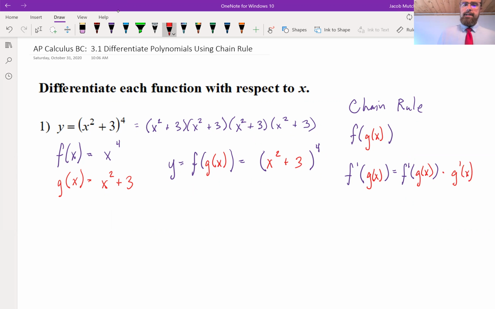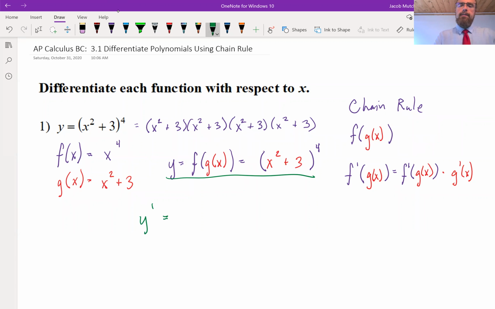So let's apply that to this first example. Our function is y equals (x squared plus 3) to the power of 4. We've already defined the parts, so all we need to do is apply it. I'm going to rewrite it with the derivative, calling it y prime.